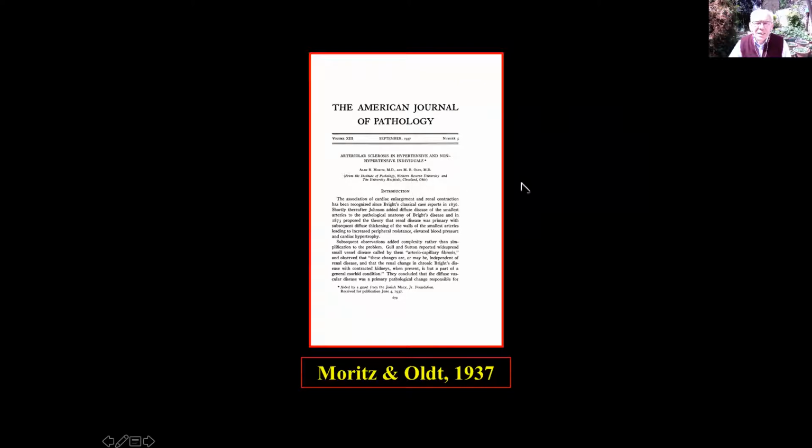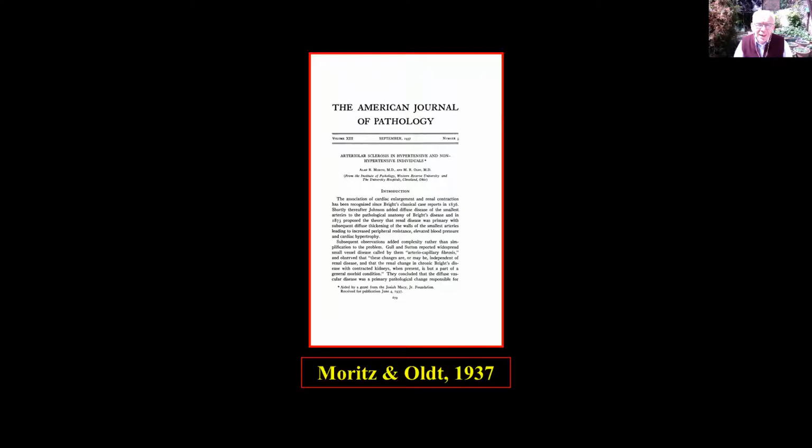They looked at 100 hypertensive postmortem subjects and 100 normotensive postmortem subjects, and they looked at the visceral arterioles of all the primary abdominal organs, so kidney, spleen, adrenals, and pancreas were the ones largely included. What they found was that these arterioles were narrowed, and narrowed uniformly across the board in all of these 4 organs.